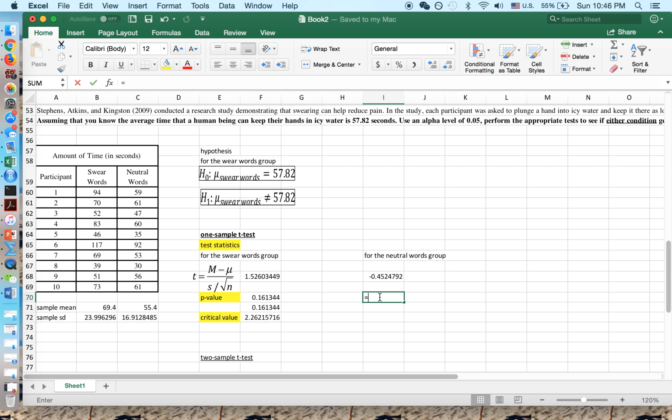Okay, equal to t inverse. Right, I am looking for the p-value. Therefore, I should use t dist and then degree of freedom is 9, cumulative, 2.